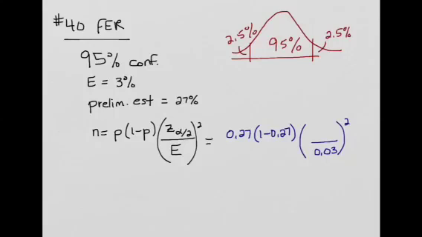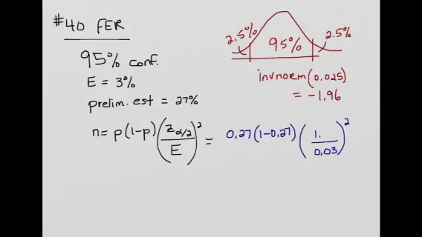Now I'm going to do inverse norm of 0.025, and that turns out to be negative 1.96.